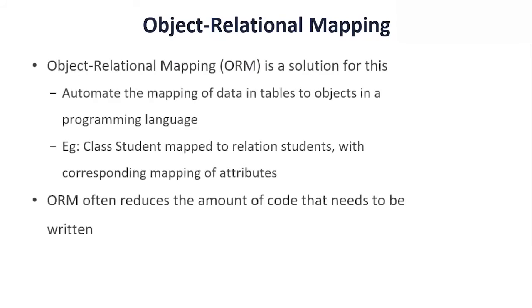To ease that, we use object-relational mapping, or ORM, as a solution. It is a technology that automates the mapping between the data in our database tables and the programming language classes and objects. For example, the student class can be mapped to the database table students, and we can specify which columns map to which attributes in the student object, and the ORM will take care of the rest.